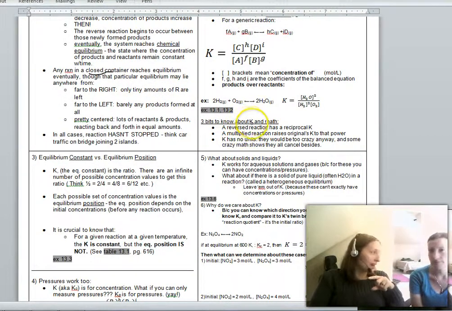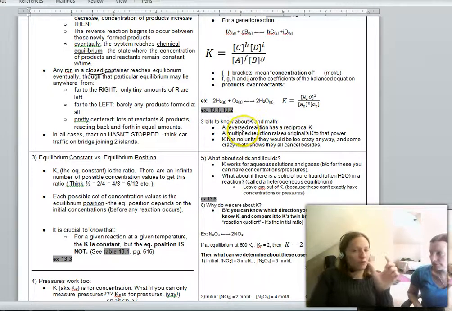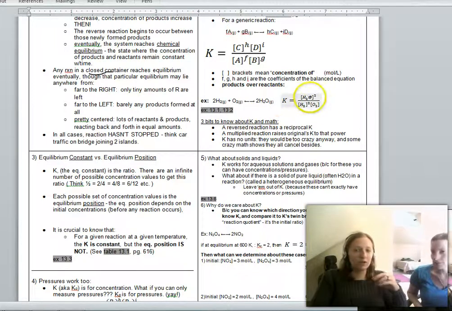The thing about K, mathematically speaking, we've got three little bits to know. We know how to find a regular K. If you have written the reaction in this direction, from oxygen and hydrogen to water, and you flip it and go from water to hydrogen and oxygen, you don't have to redo the entire equilibrium expression math, because what you've got here is products over reactants.